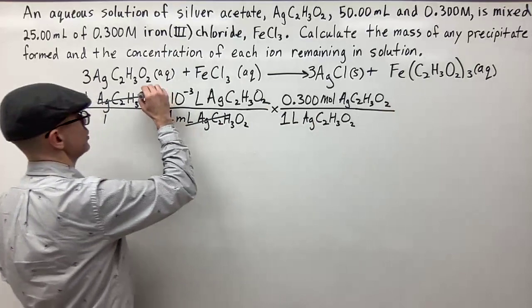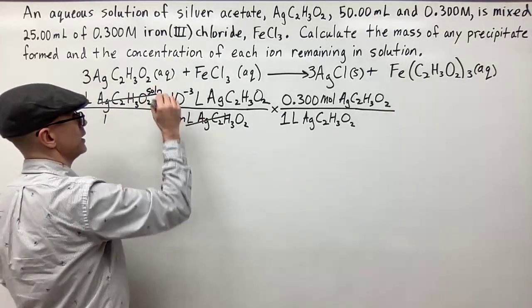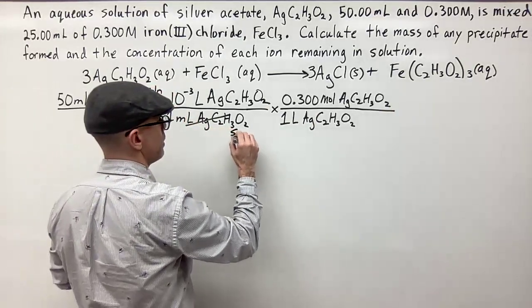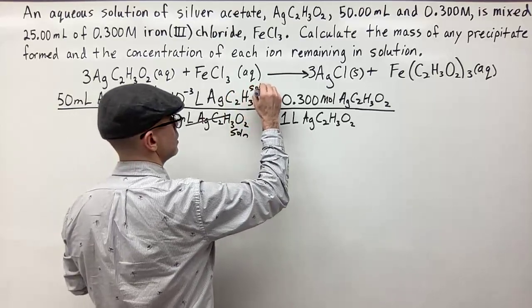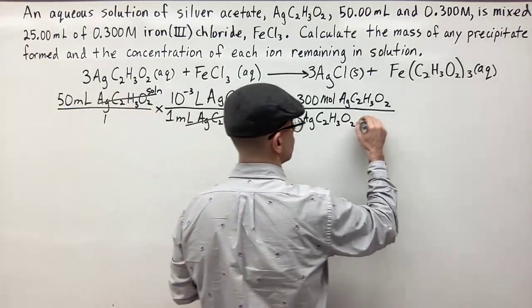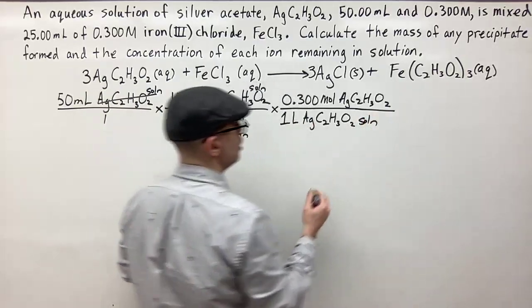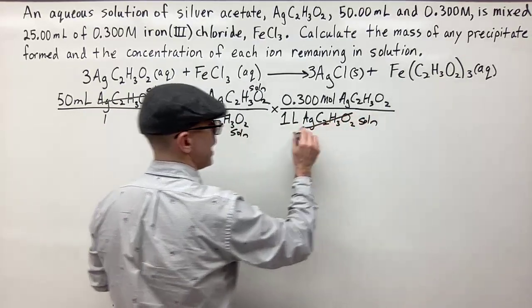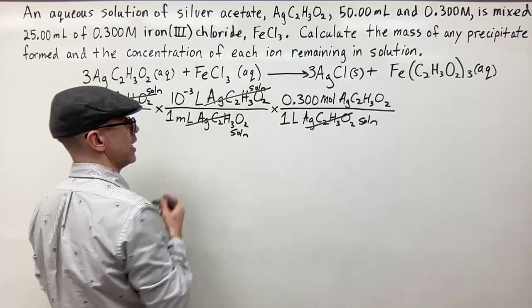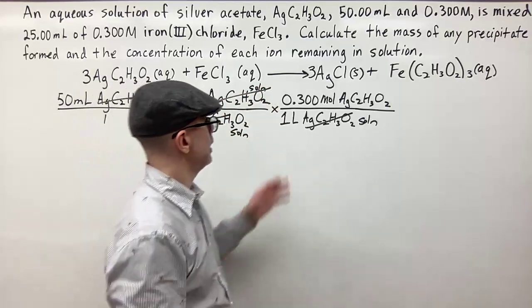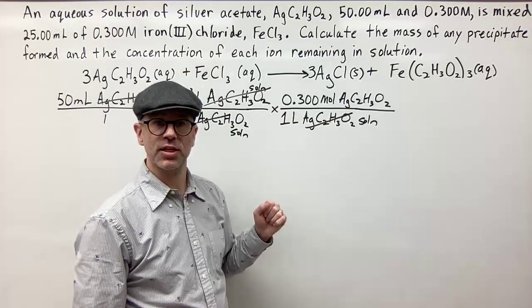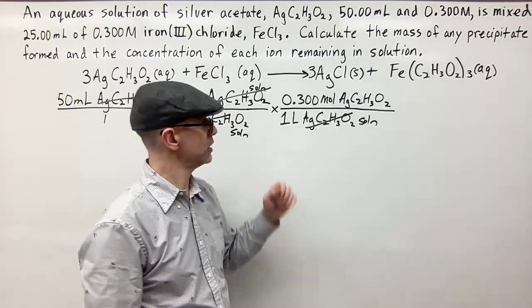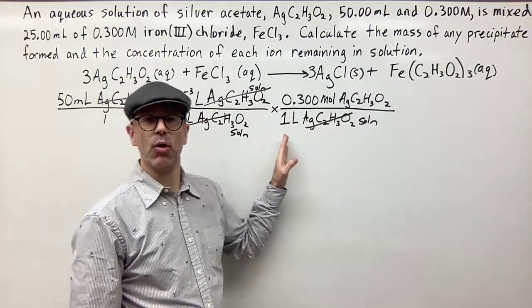And so let me write solution down just to be clear that here we're talking about the solution and not the solute. So liters of the acetate solution are going to cancel out. And now I have moles of the AgC2H3O2, the silver acetate. And they want to know the mass.